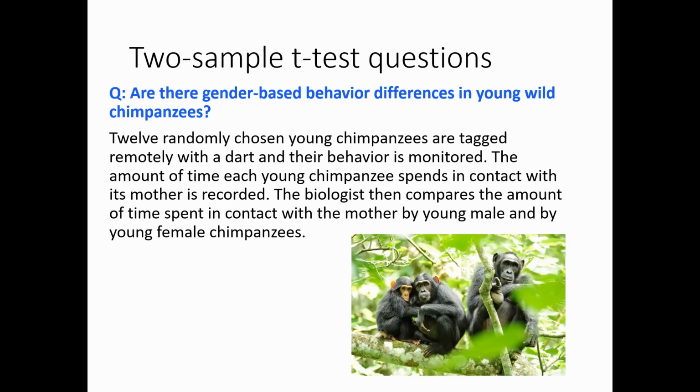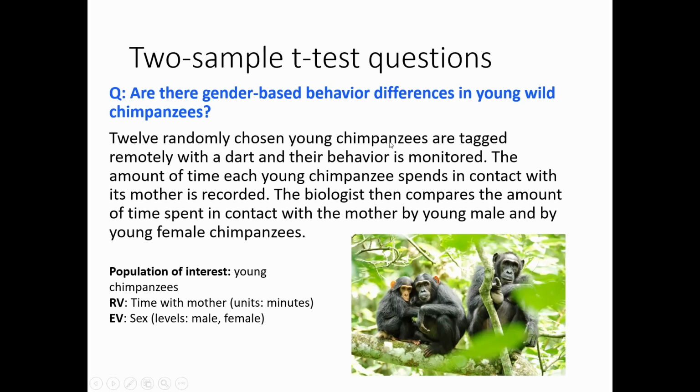If you randomly select 12 young chimpanzees and you tag them remotely with a dart and monitor their behavior, you can record the amount of time each young chimpanzee spends in contact with its mother. Then compare the amount of time spent in contact with the mother by the young males, as well as by the young female chimpanzees. That would be an example of a question you could potentially answer with a 2-sample t-test.